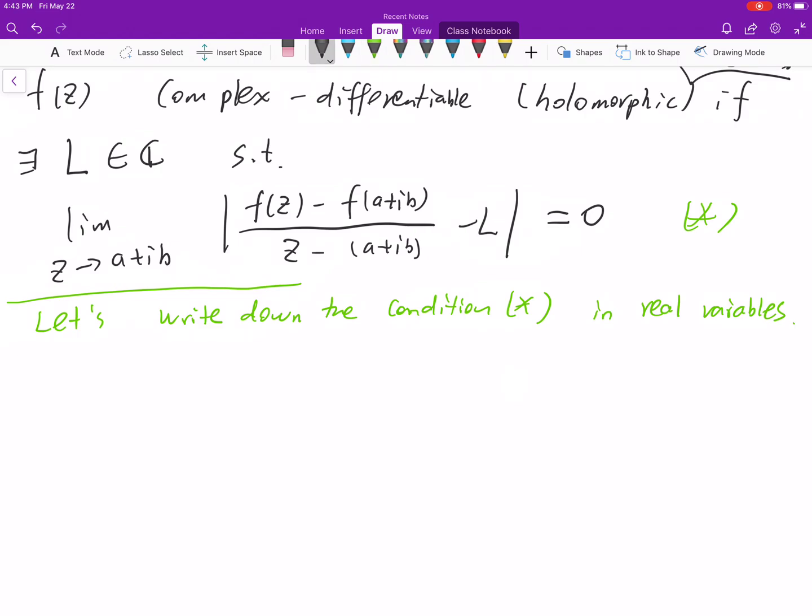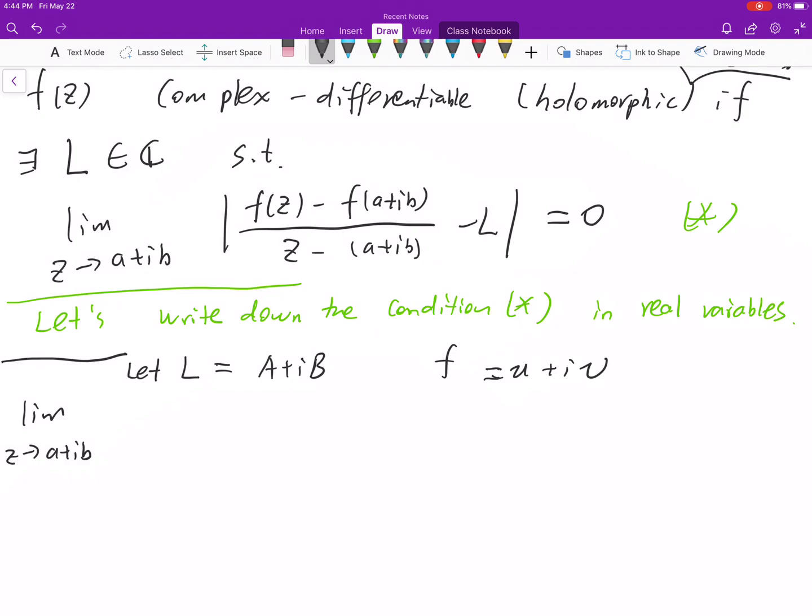Now we first write L to be capital A plus i capital B, and f to be u plus i v.